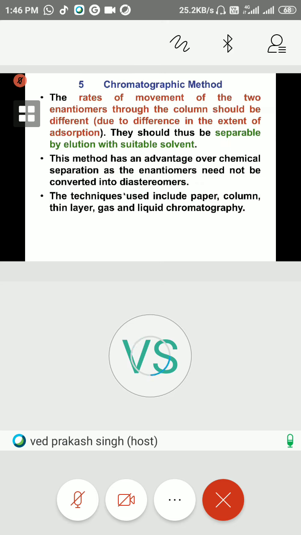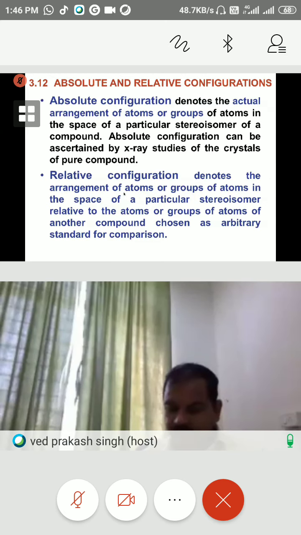A is plus glyceraldehyde; this is arbitrarily assigned, with OH on the left. Taking this as a standard, the relative configuration of minus lactic acid is assigned as this one.